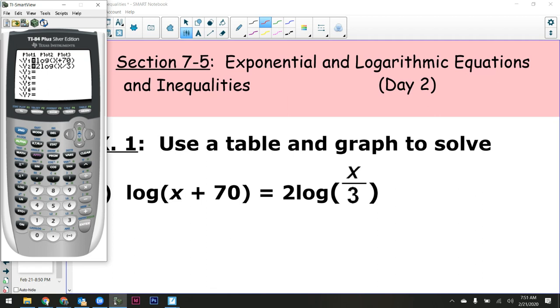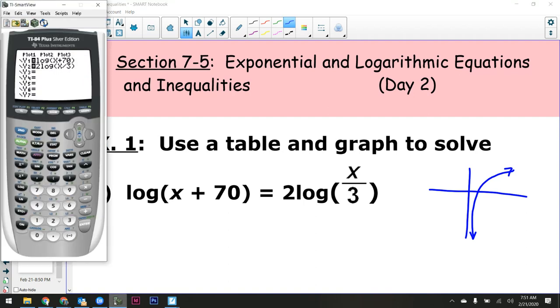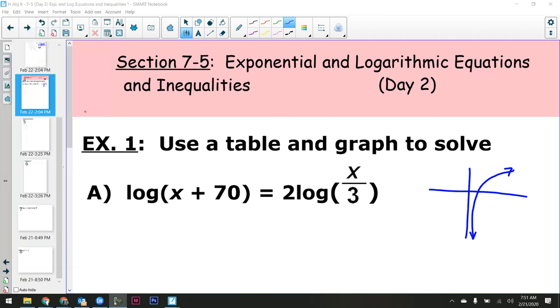So this x plus 70, any logarithm shape, this is the general shape of a logarithm, right? What we're seeing here with this flat line is the x plus 70. Here's a little foreshadowing. What do you think this is doing to the logarithm? What do you think a plus 70 inside is doing to the logarithm?